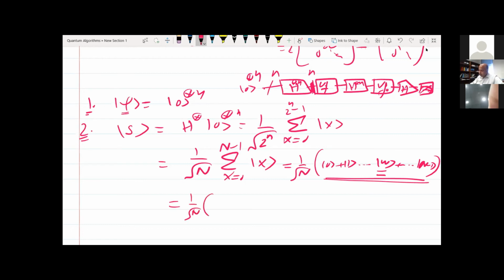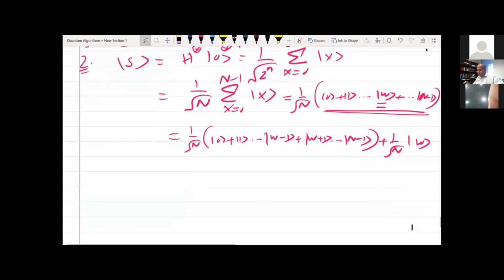One part contains everything except the W state, and let me separate the W state from this. Now, what I can do is put an n minus 1 here and n here. And then to keep everything like this, let me put n minus 1 here and here.